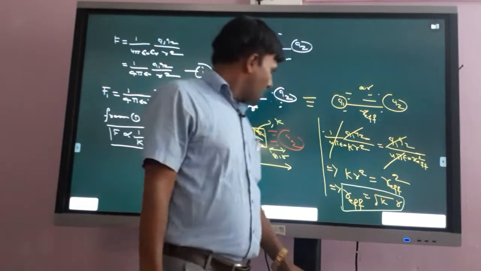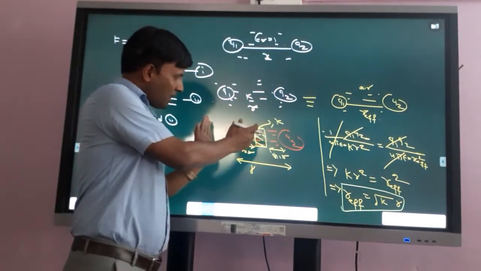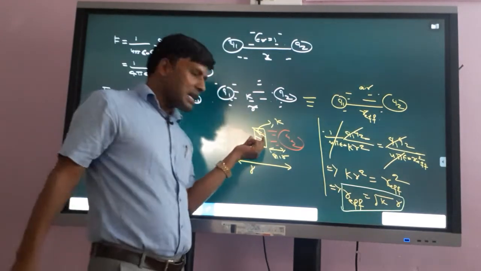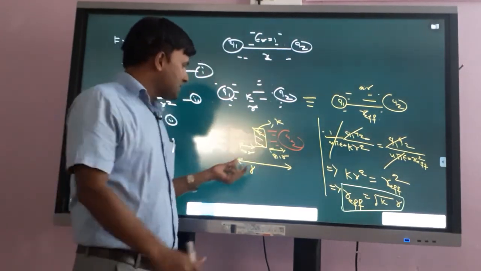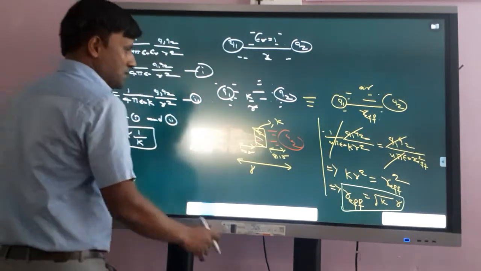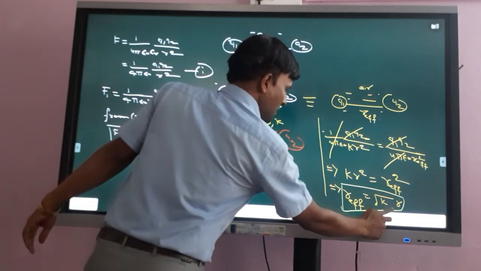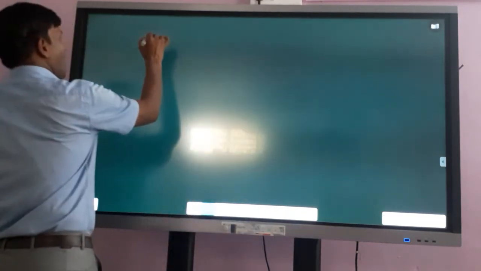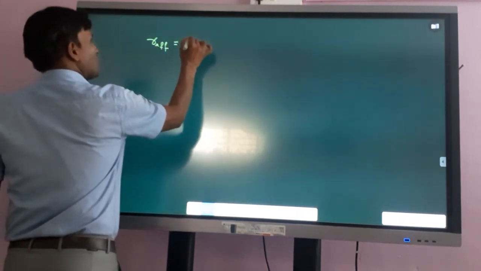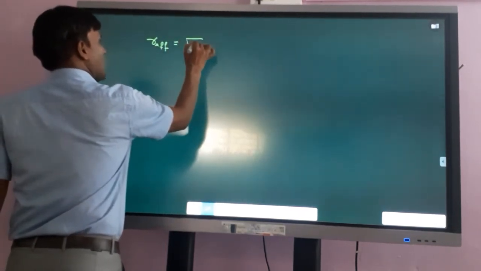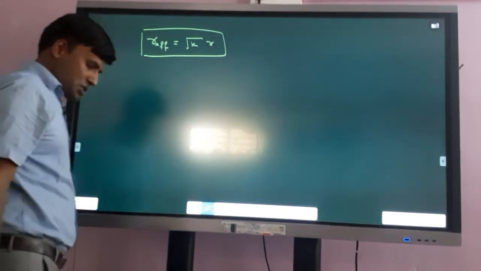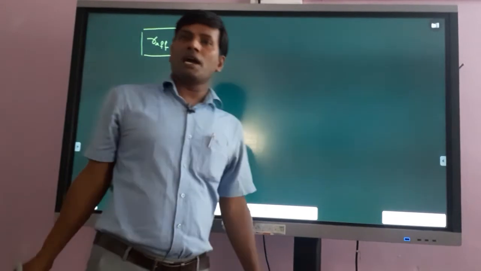Now see, the question here: we have to calculate force between Q1 and Q2. One dielectric material of thickness T is placed here. So on this basis we got R effective, that is root K and R, where R is the distance between two charged particles and K is the dielectric constant.